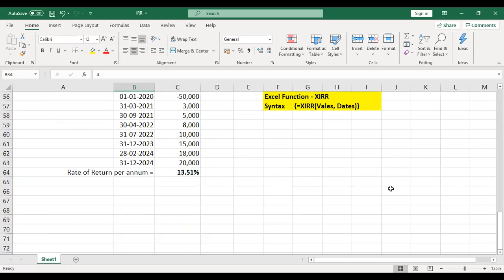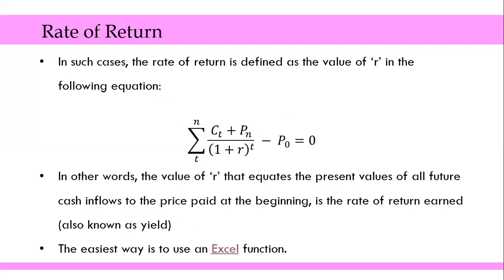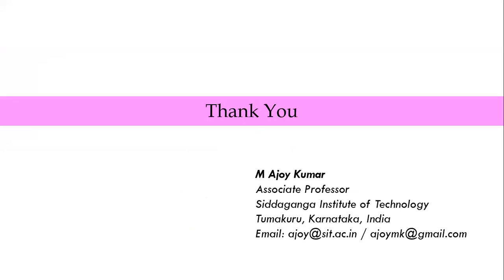So from next time onwards, whenever you are trying to calculate the rate of return on any investment, please use the Excel function of IRR or the Excel function of XIRR. So that brings us to the end of this session on computation of rate of return.